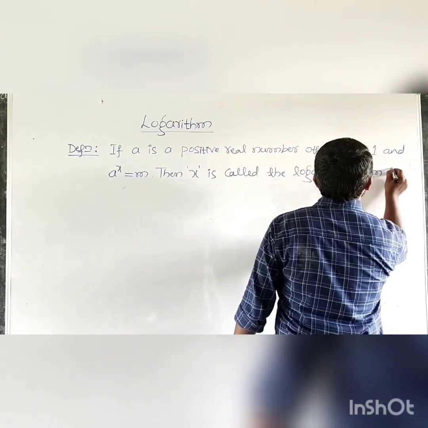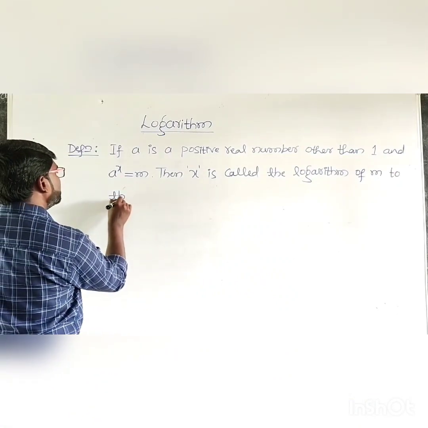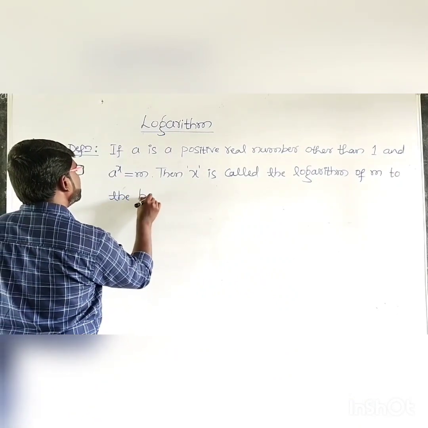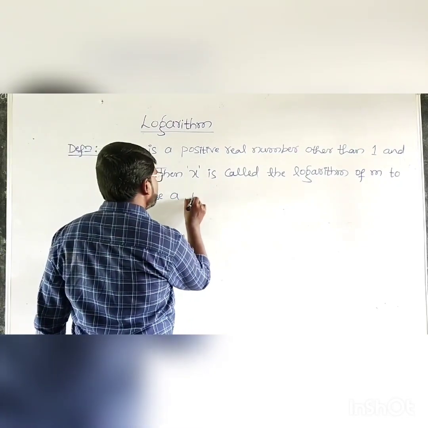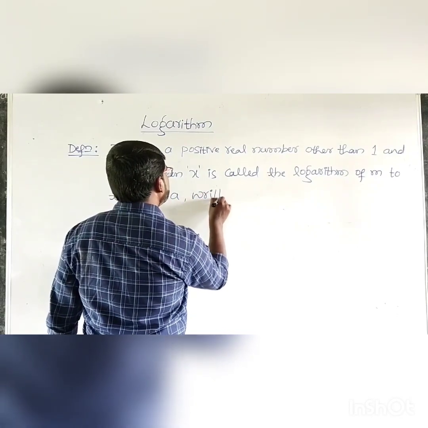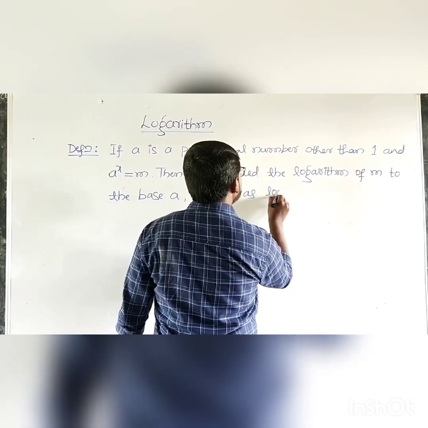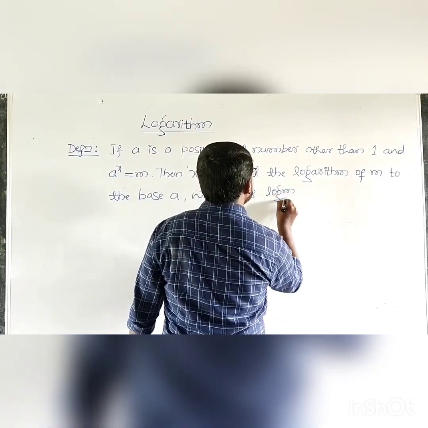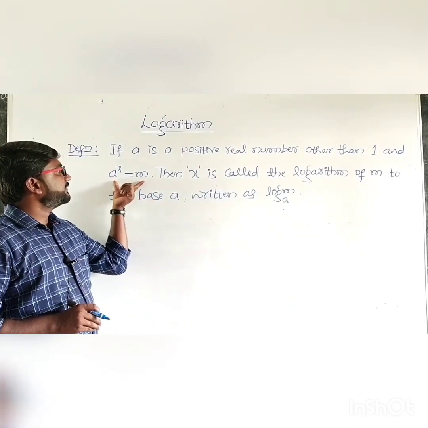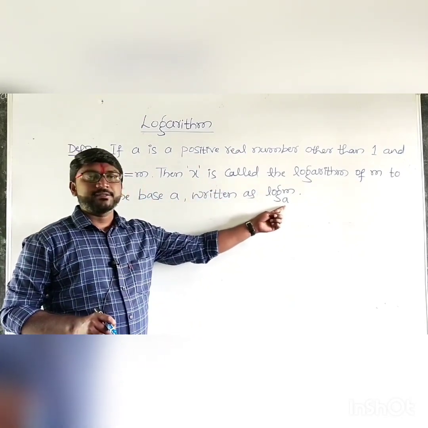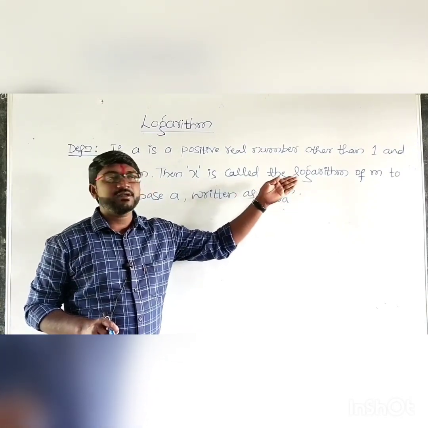It is written as log m to the base a. So this is the exponential form, whereas this is the logarithmic form: log m to the base a equal to x. That's what I have written in terms of words.